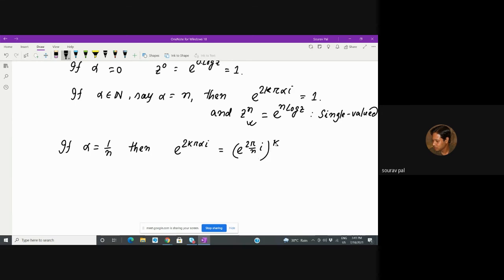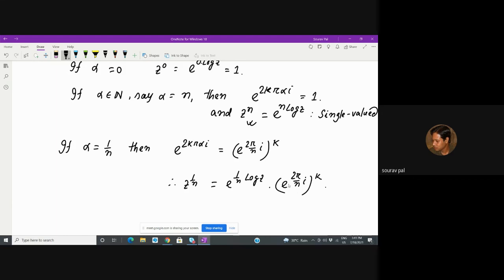Now you see, when k is a multiple of n, you have this quantity equal to 1. And what are you having on the left hand side? Left hand side you have z to the 1 upon n. Okay? And on the right hand side you have this guy, log z times e to the 2 pi by n i to the k.